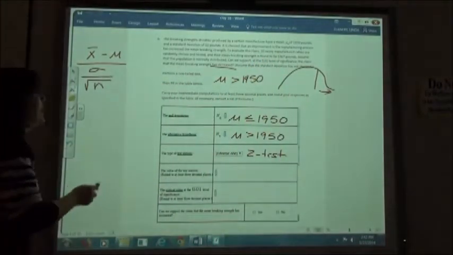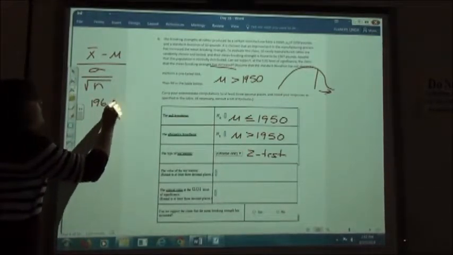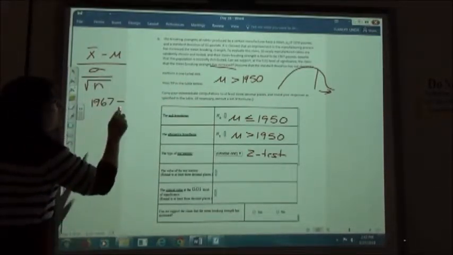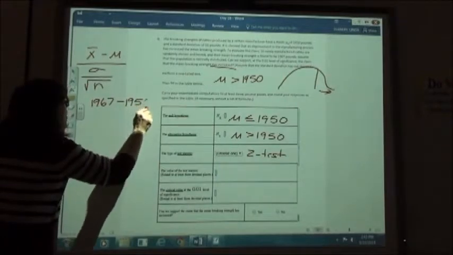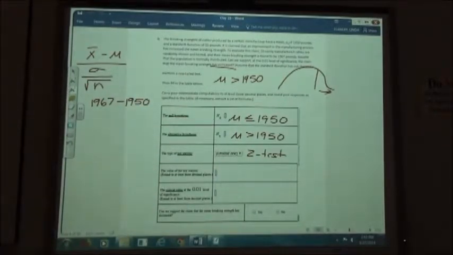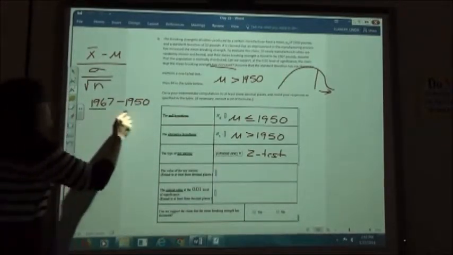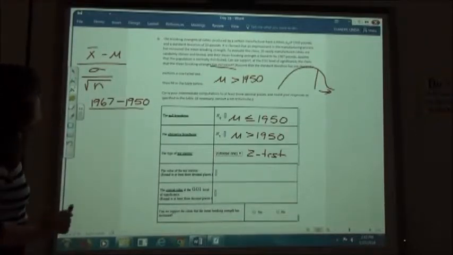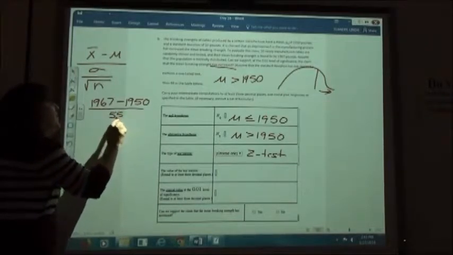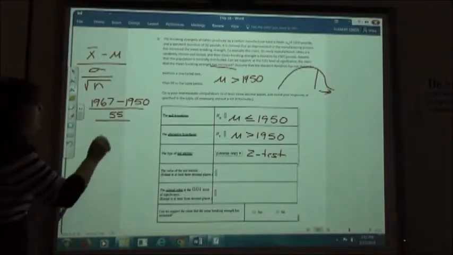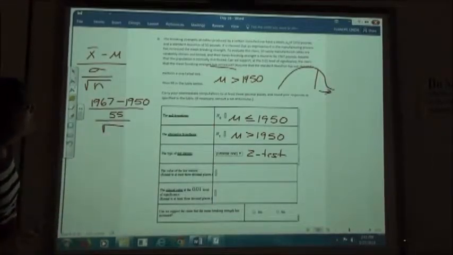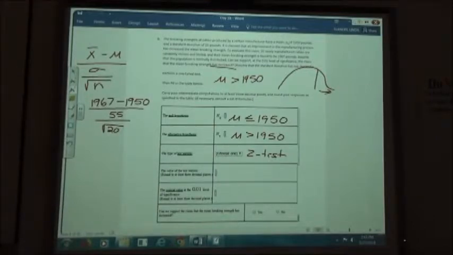That's what they got for their answer. 1967. We're going to subtract the given mean, or what they think the mean is supposed to be, of 1,950. Divided by the standard deviation, which is 55, over the square root of how many were in our survey? Looks like 20. 20 cables were tested.